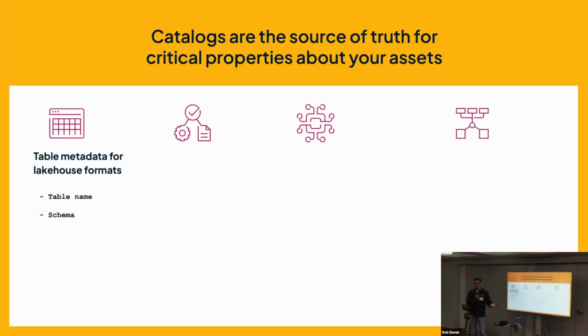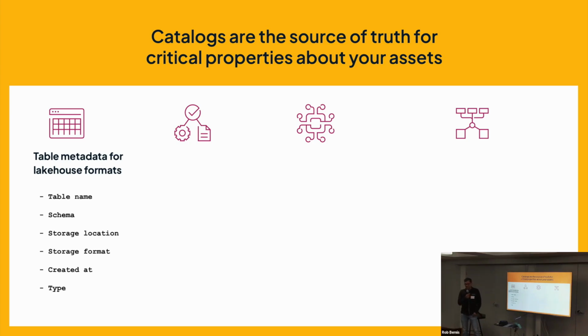This includes table name, schema, like your column information, storage locations for where your data is stored on cloud storage, the format of the data, and its created time, type, etc. So this is traditionally how catalogs were thought of, as a way to store all your tabular data information. And this has been so since more than a decade ago.